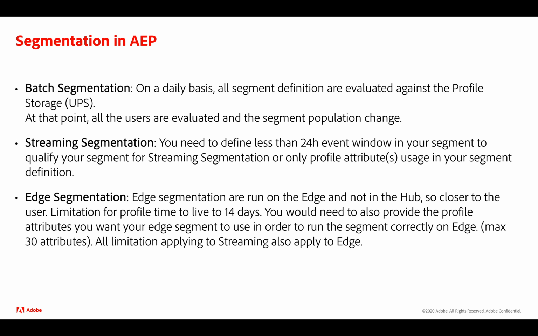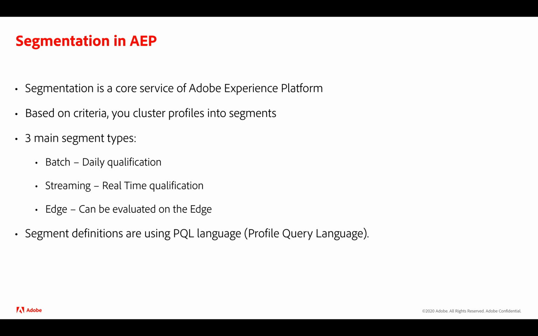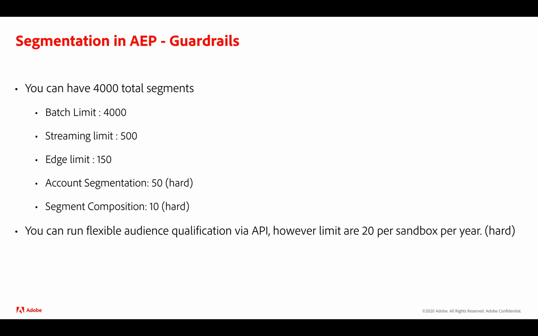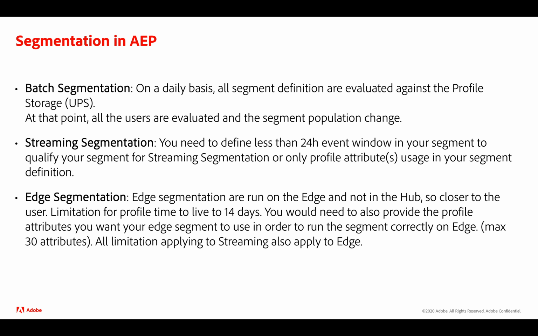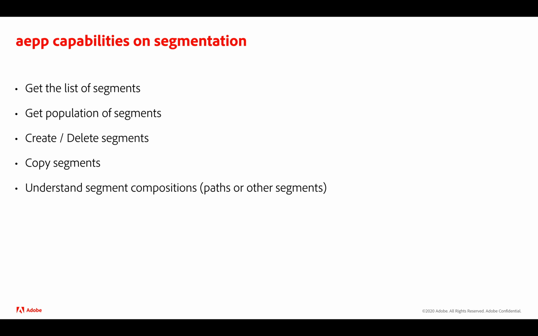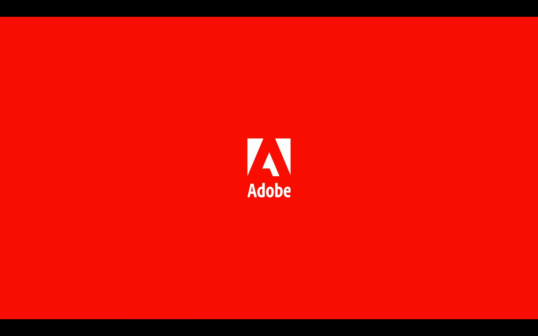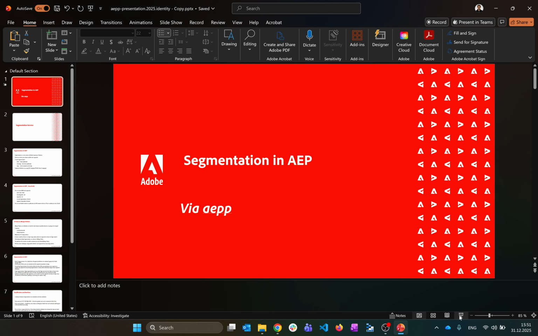One thing I think I didn't specify is that the segments that have been created via APIs cannot be changed in the UI, and that is a limitation from Adobe Experience Platform.